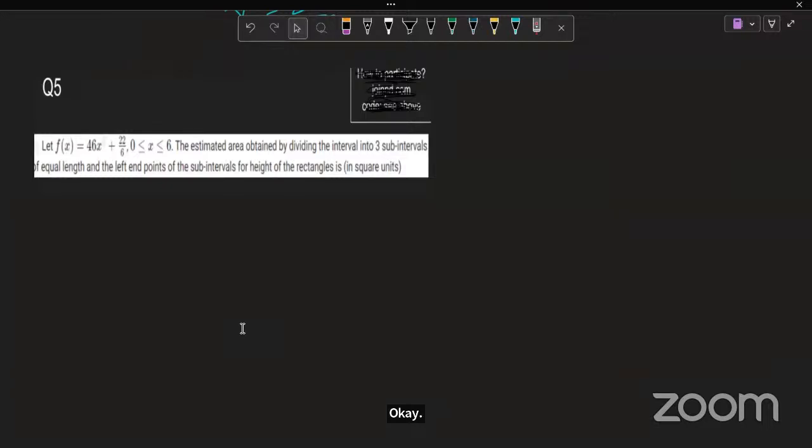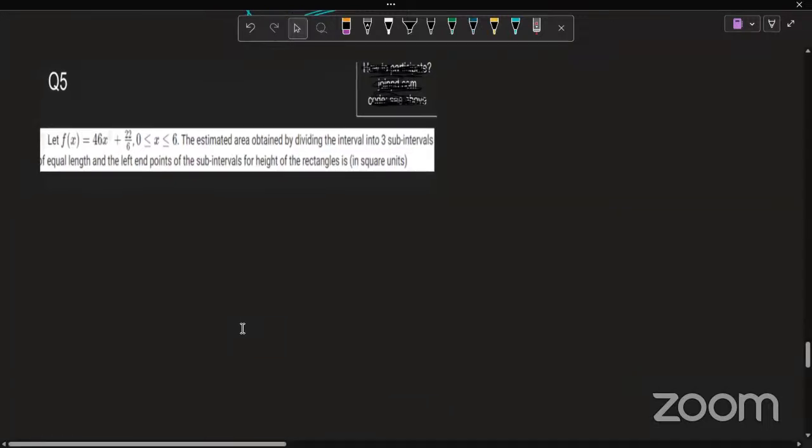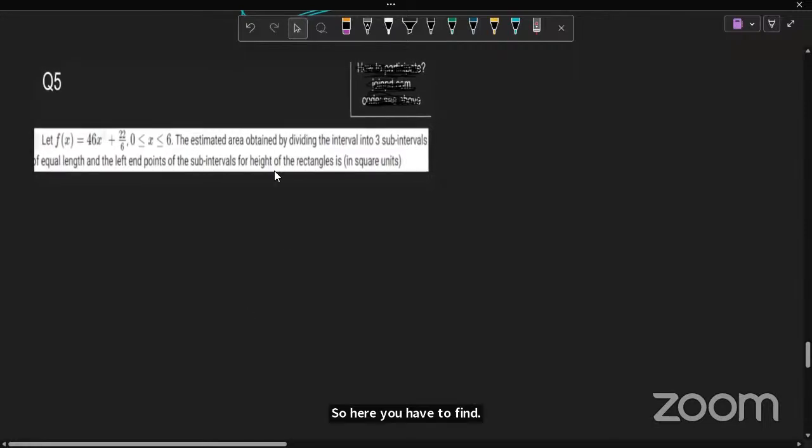So here you have to find the estimated area obtained by dividing this curve into 3 parts.